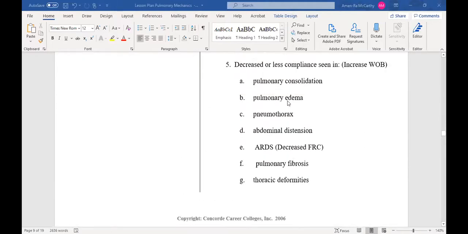All right, thoracic deformity. Those would include scoliosis, which is when the spine is curved like this, right? I'm not a drawer, but if somebody's back looks like that and their spine is curved like that, that's scoliosis.